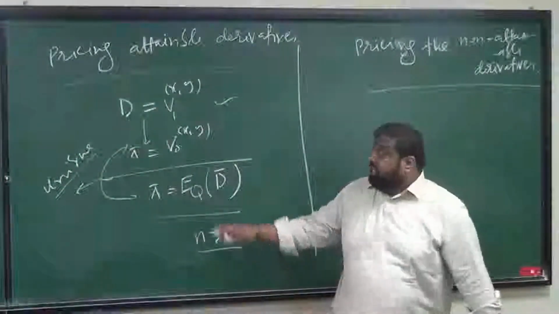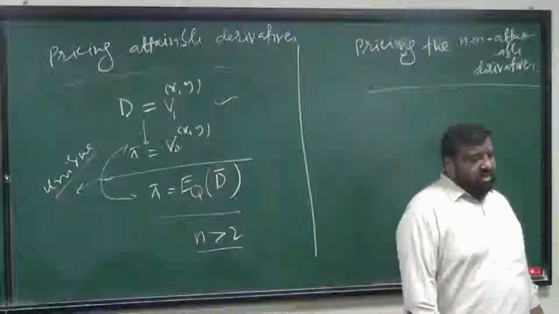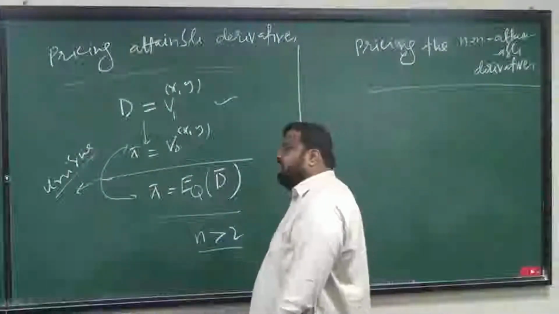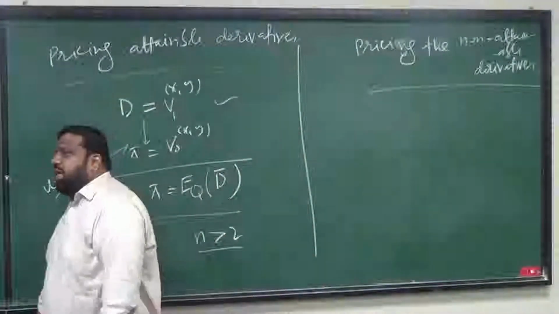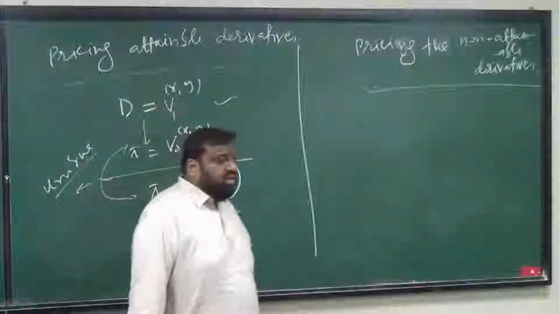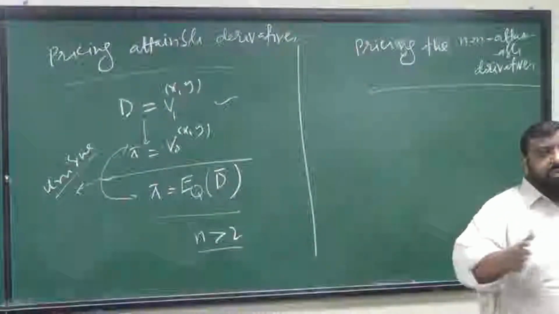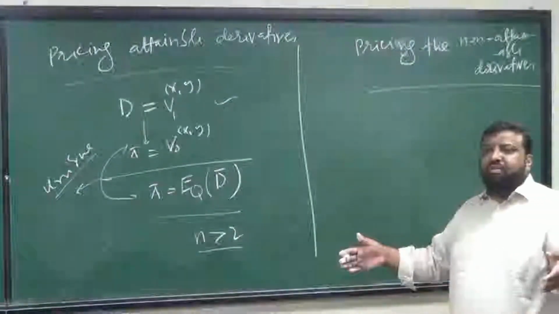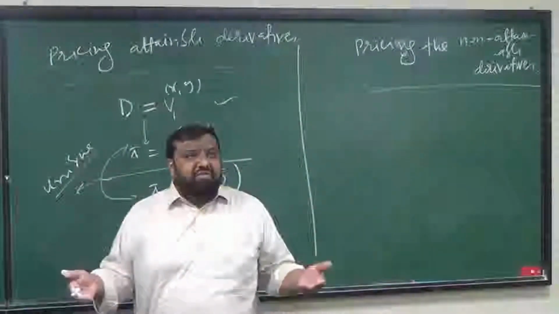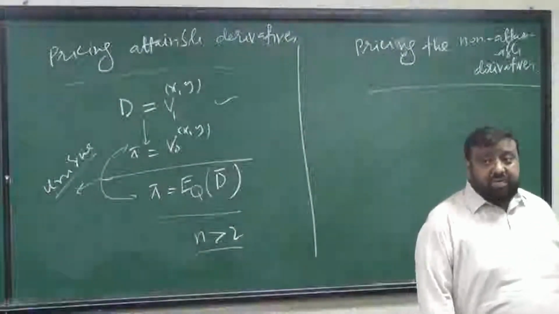By non-attainability, I mean that you can't have X and Y to replicate, and you can't find a unique fair price. If you can't find a unique fair price, then the natural question arises: can we find a range of fair prices, to which we can say, okay, if your price is between this interval, you are okay, and if your price goes beyond this interval, you're going to have an arbitrage opportunity.